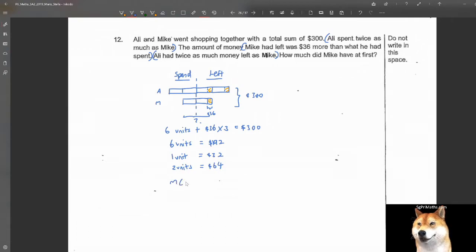So Mike at first will be 2 units plus 36 equals $100. And that's it, we finish our first 4 marks question.